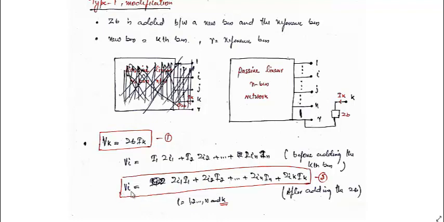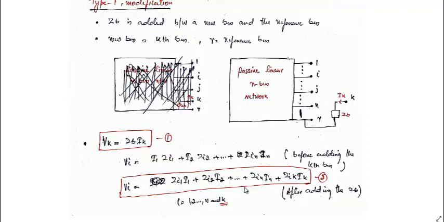Usually we use these equations to exclude the kth bus, but I have here included the kth bus as well.